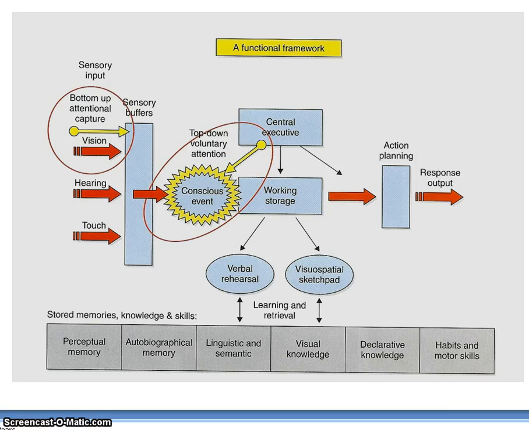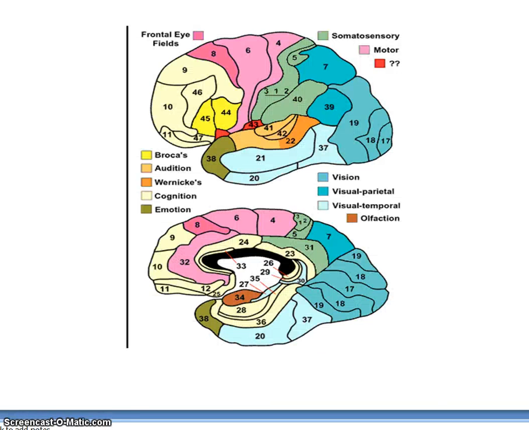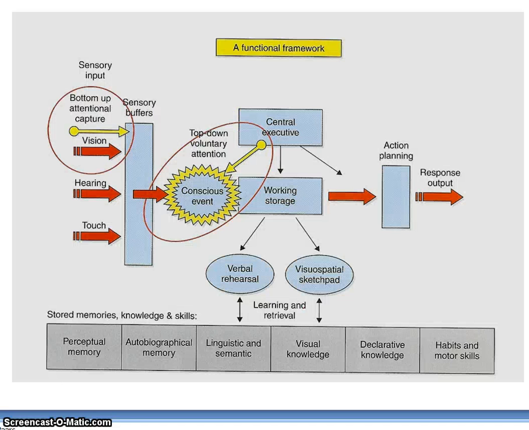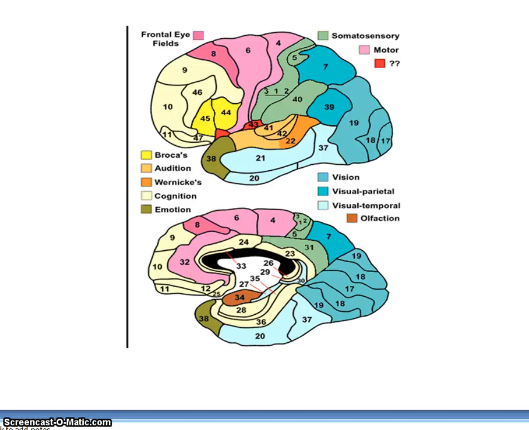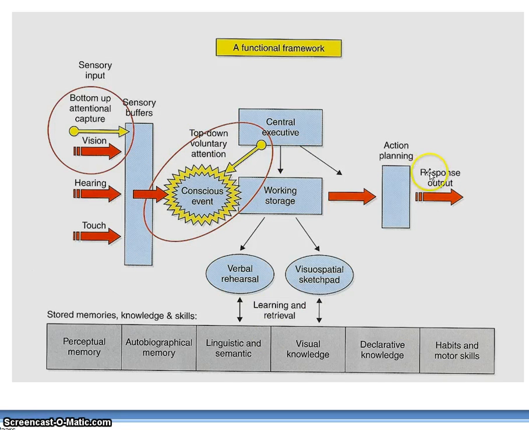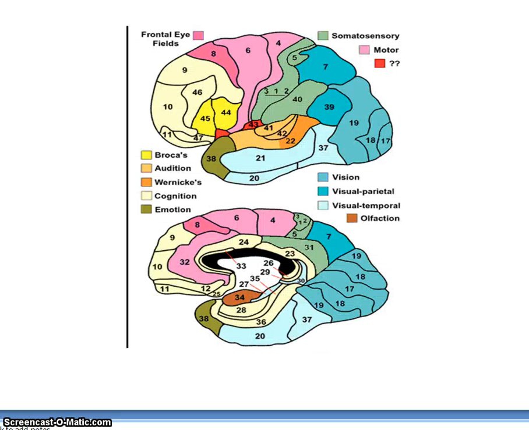Now, let's show a picture of a brain, right? So this is an information processing model of the mind, but this is what's in our skull. So here's a brain, and the boxes in this diagram have some physical manifestation in our brains.